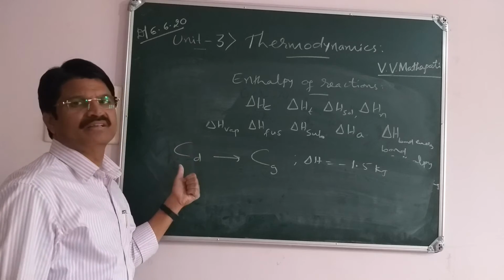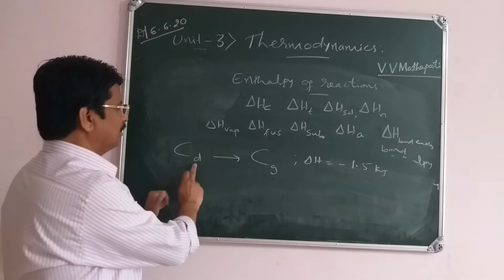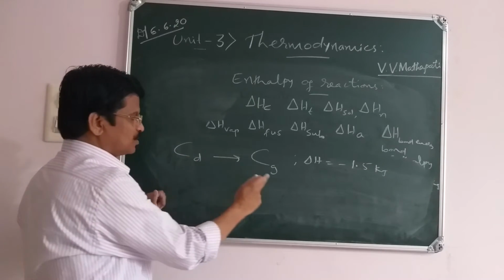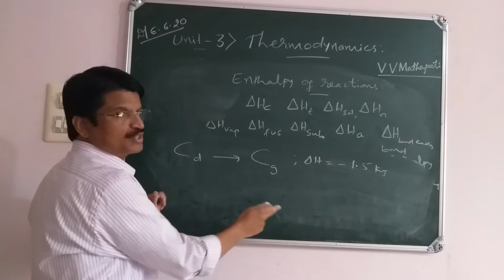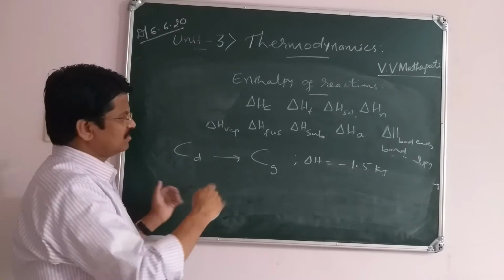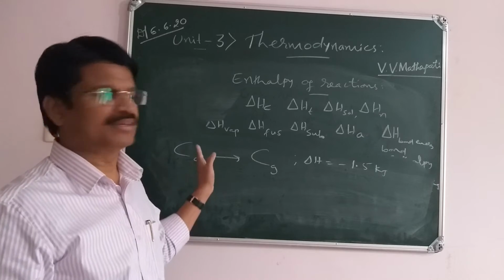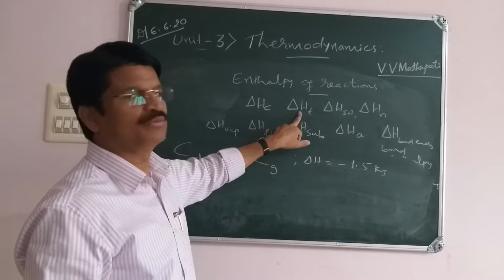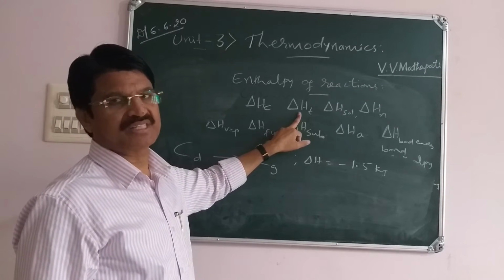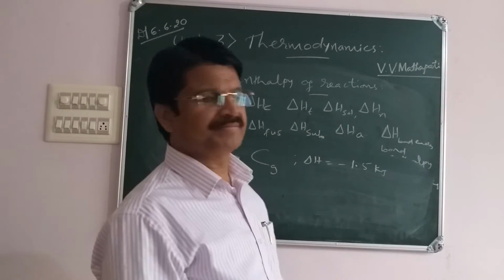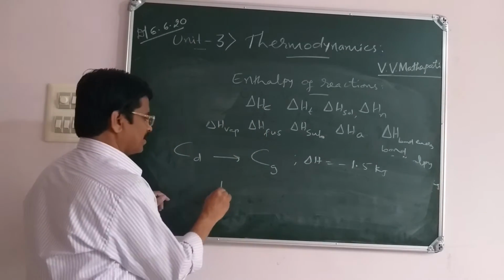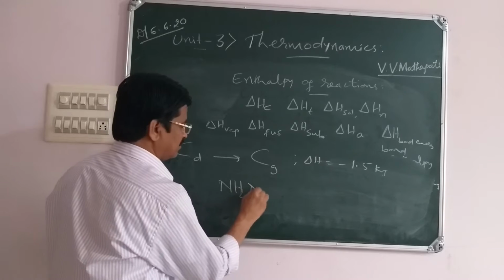But here it is allotropic transition: diamond to graphite, red phosphorus to white phosphorus to black phosphorus. Like this, changes in the physical state in case of allotropes you can study in enthalpy of transition.